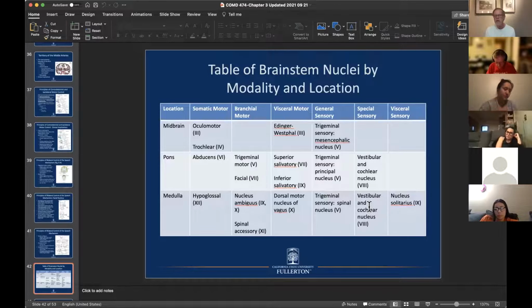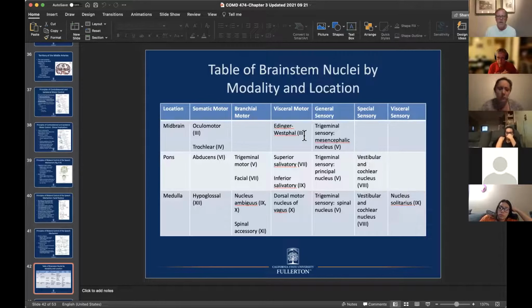I'm trying to get you to start to have some association between the different levels of the brainstem and the different nuclei associated with cranial nerves of interest to SLPs. I probably do have several questions on the quiz that draw from this, but I don't have anything about the vestibular or cochlear nuclei.